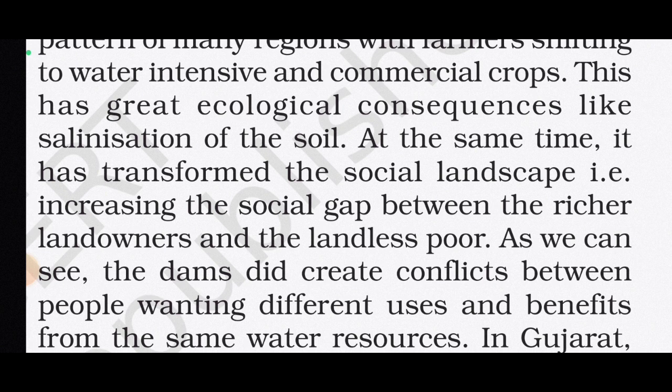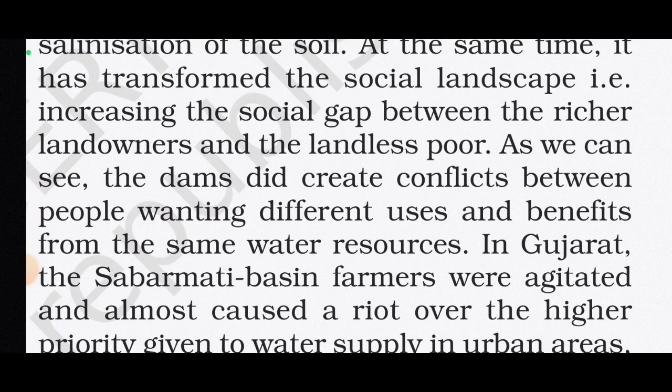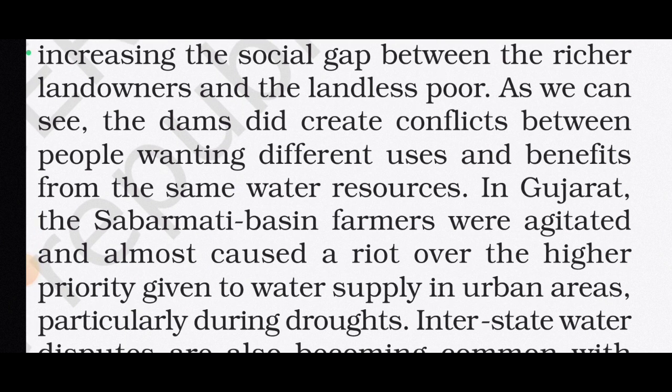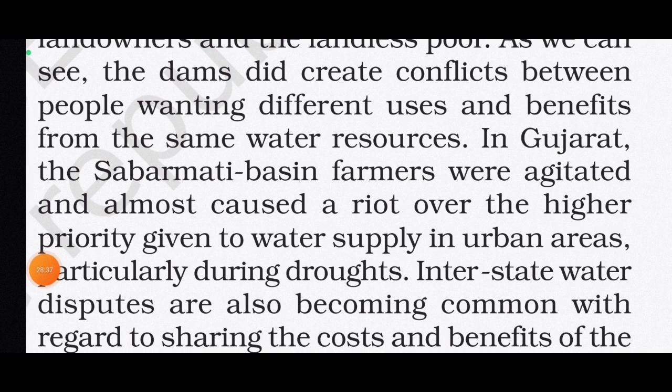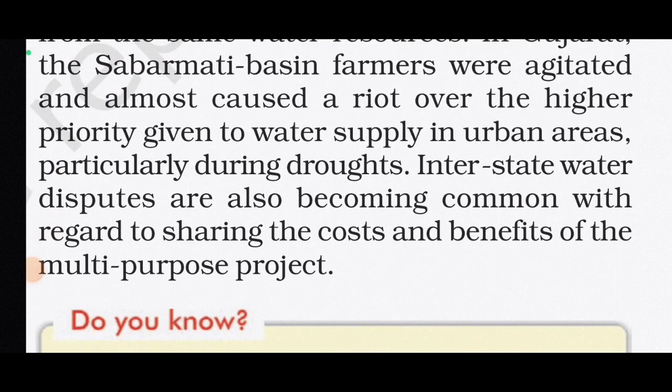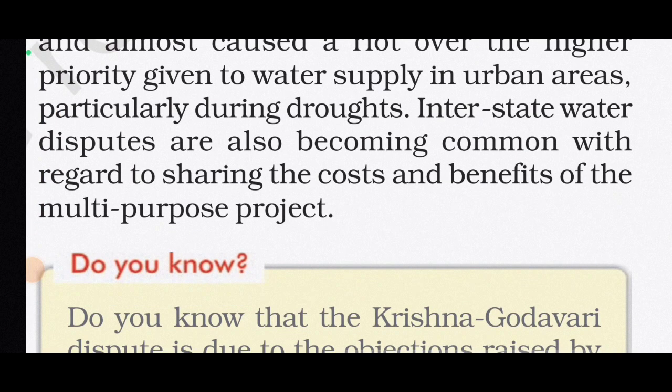As we can see, the dams did create conflicts between people wanting different uses and benefits from the same water resources. In Gujarat, the Sabarmati Basin farmers were agitated and almost caused a riot over the higher priority given to water supply in urban areas, particularly during droughts.